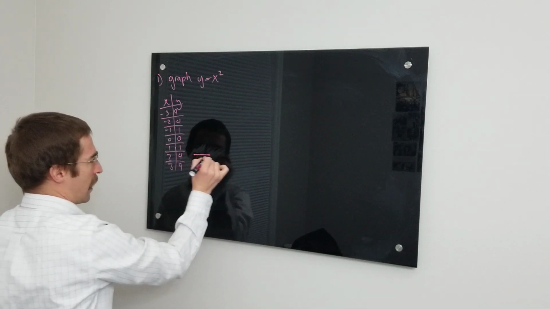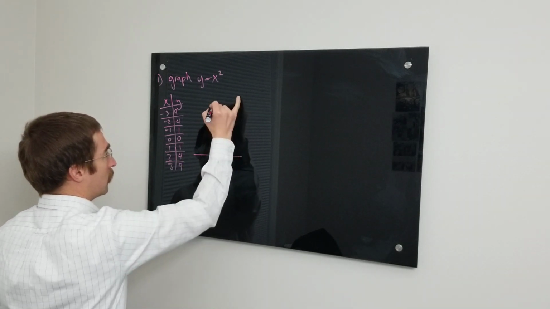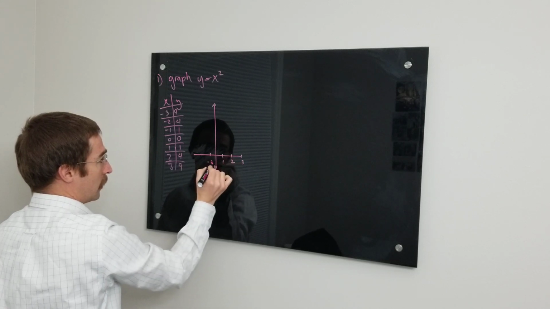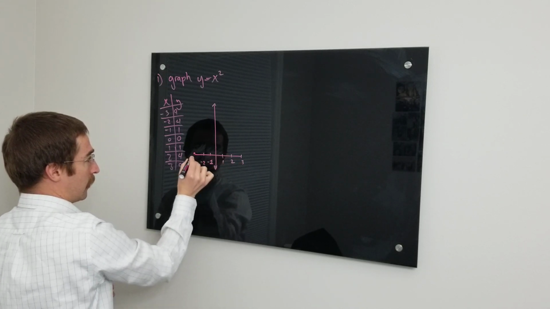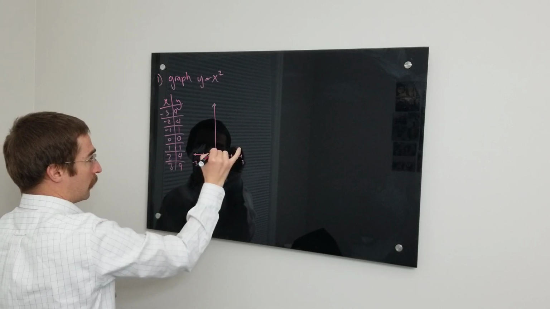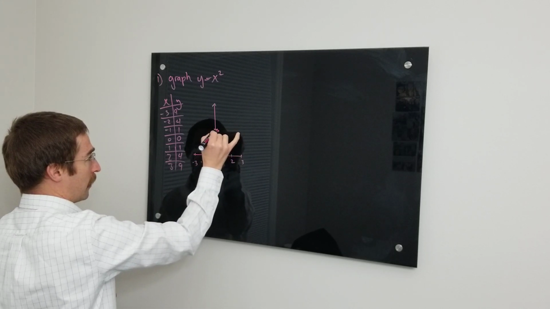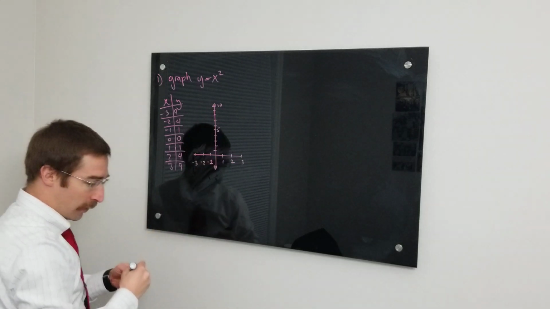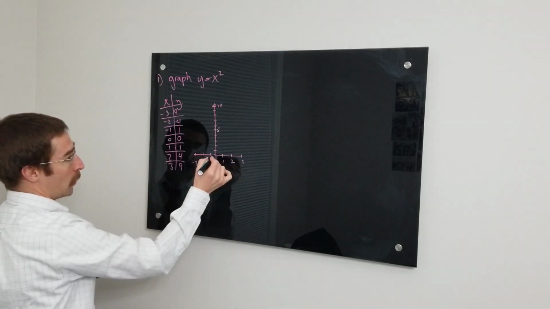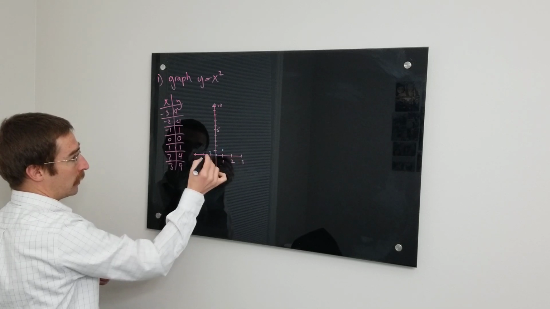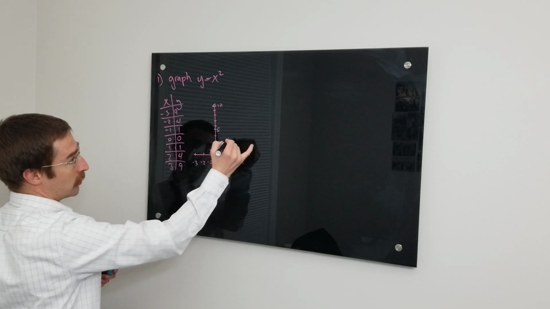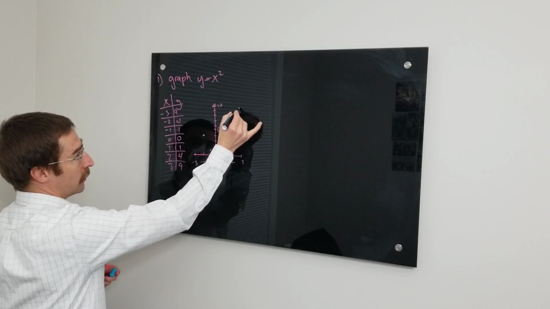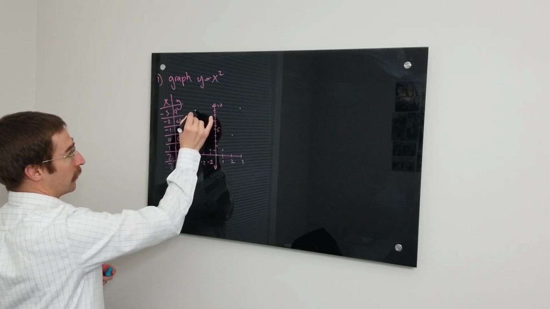So to sketch this graph, we just go 1, 2, 3, -1, -2, -3, and then 1, 2, 3, 4, 5, 6, 7, 8, 9, 10. All right, we have a point at 0, 0, 1, 1, -1, 1, 2, 4, -2, 4, 3, 9, -3, 9.